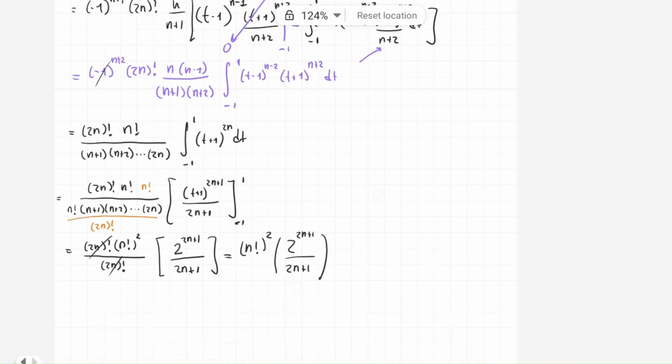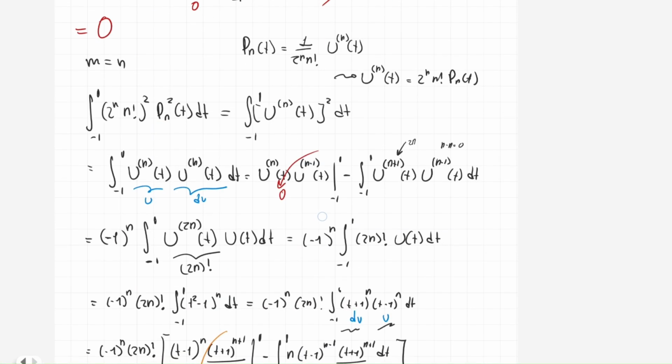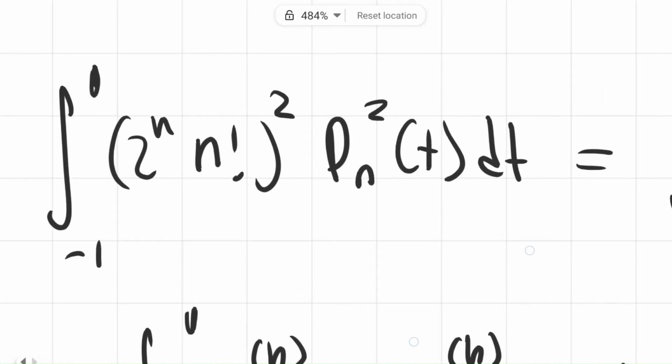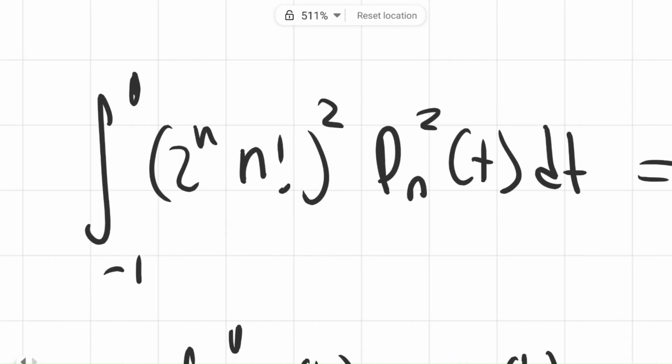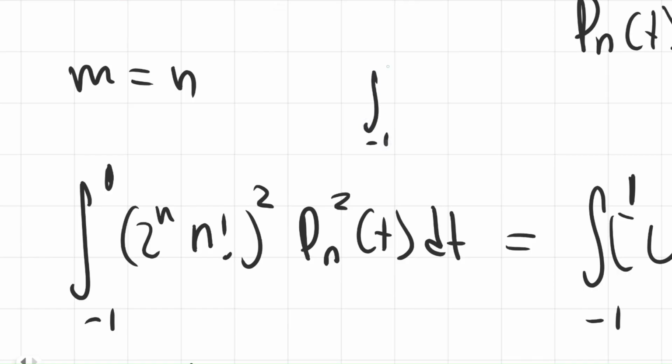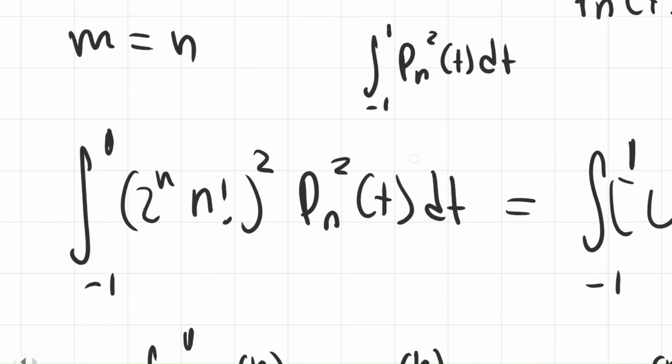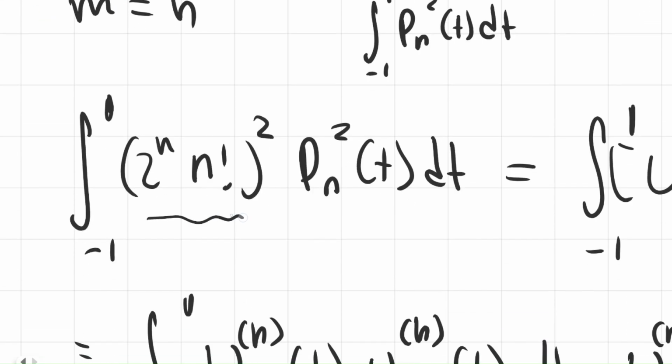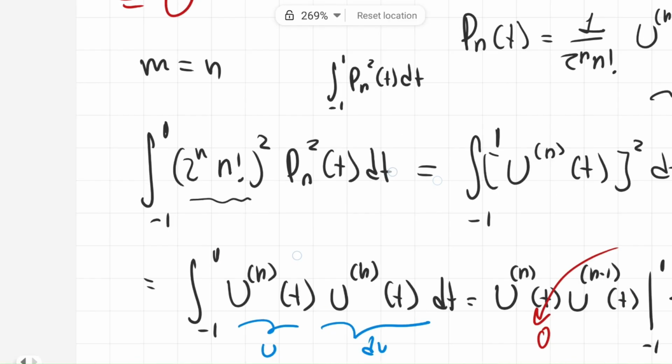Okay, and remember that this whole thing is just equal to this integral that we have here. And we are interested in calculating the integral from minus 1 to 1 of p sub n squared of t dt. Okay, so we just need to take this element dividing to the other side of the equation.